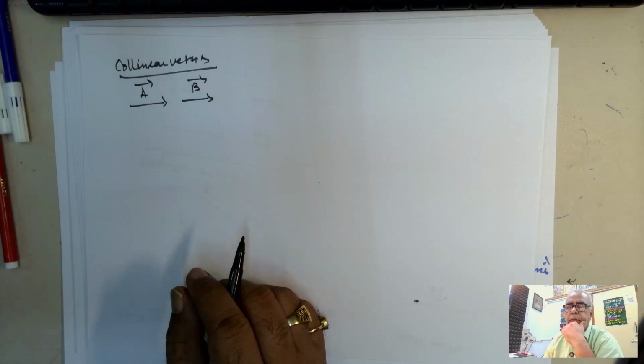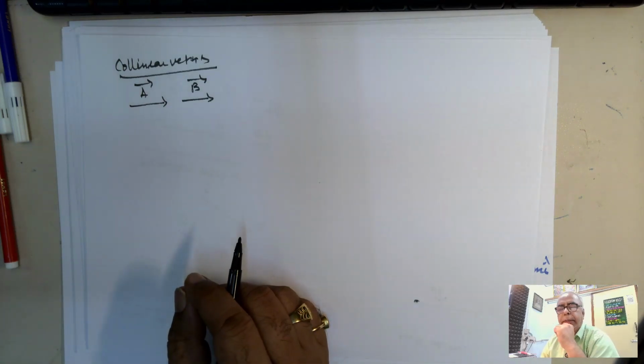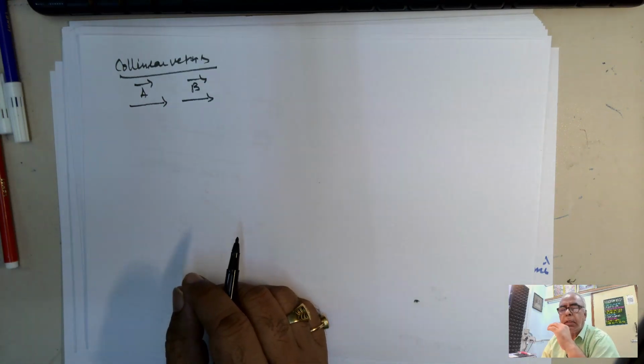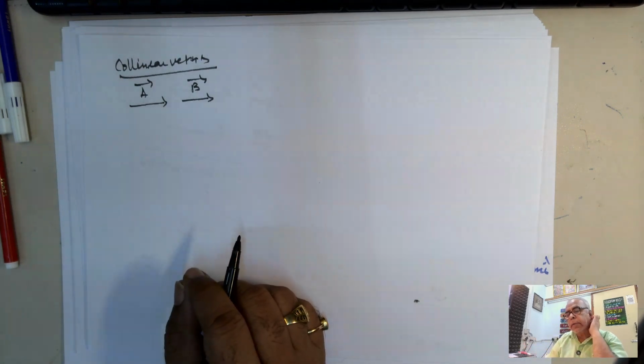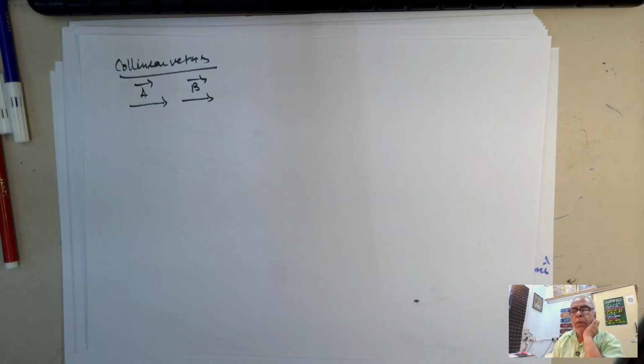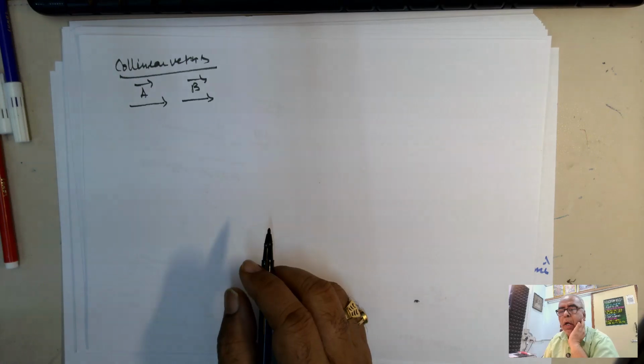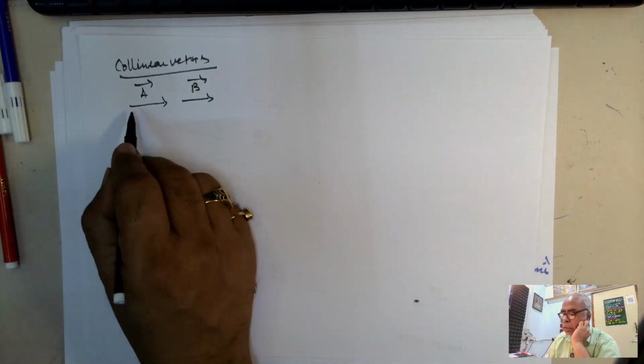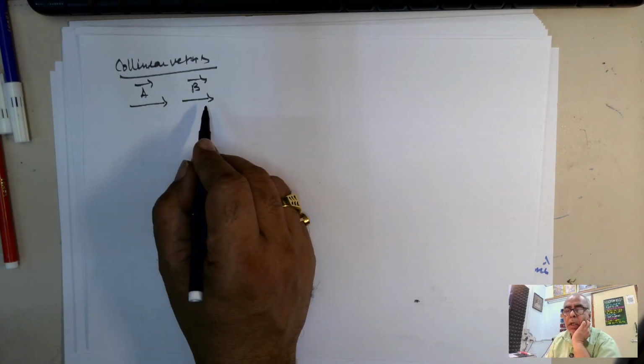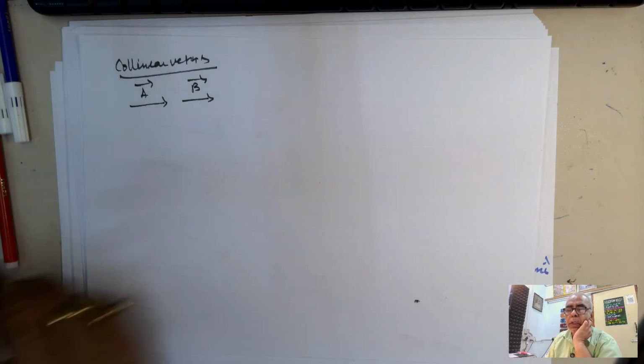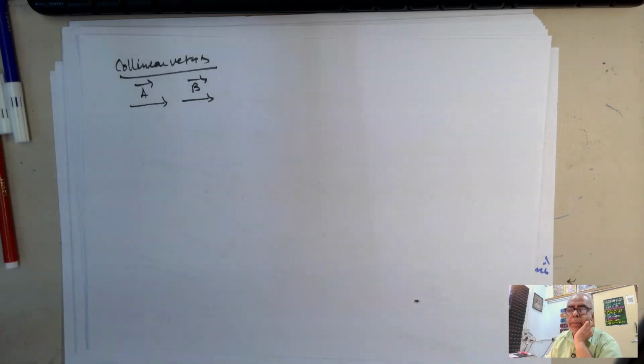These vectors are said to be collinear, and they can act along the same line or parallel lines. For example, let us consider the tug of war. So when you have these two vectors, they can be represented along the same direction, and here you can have like parallel vectors.